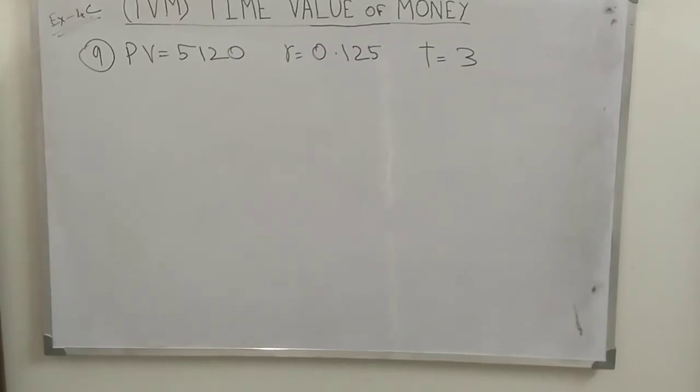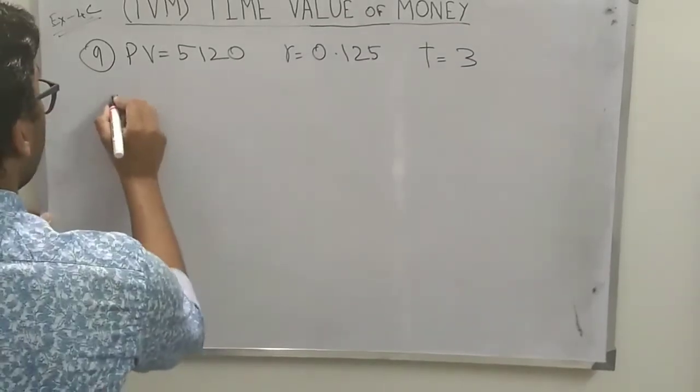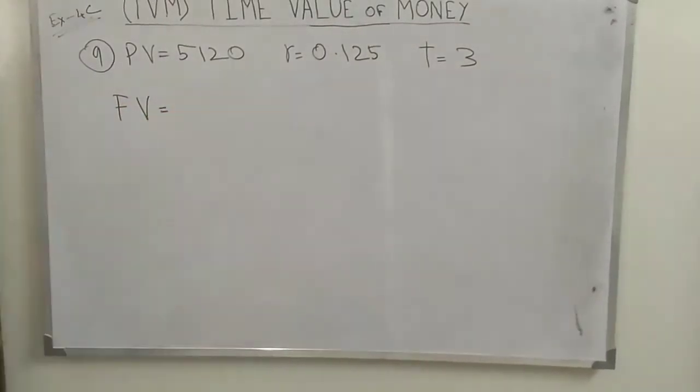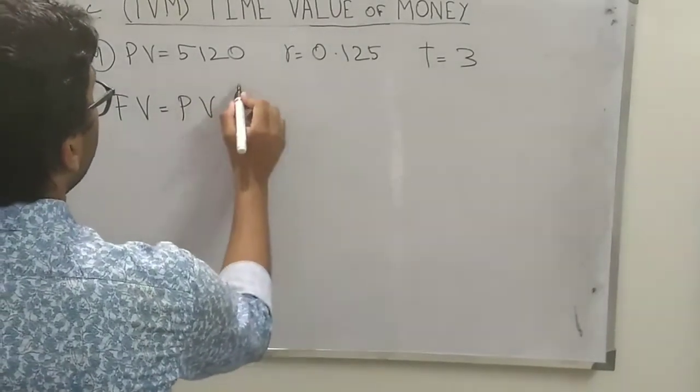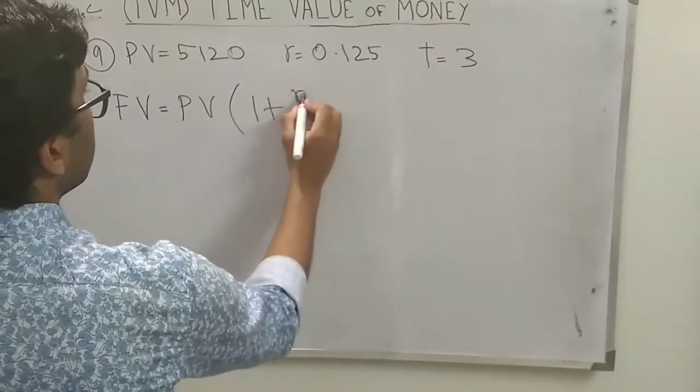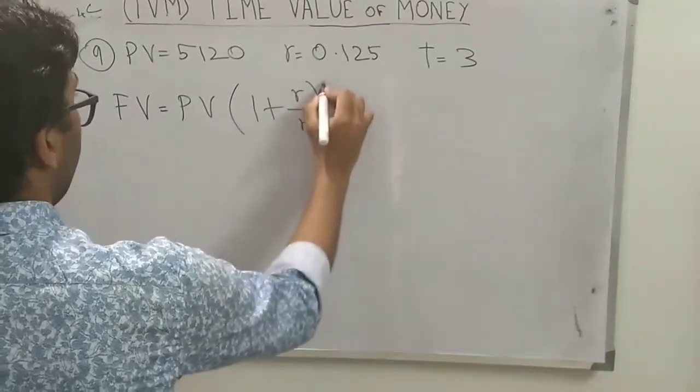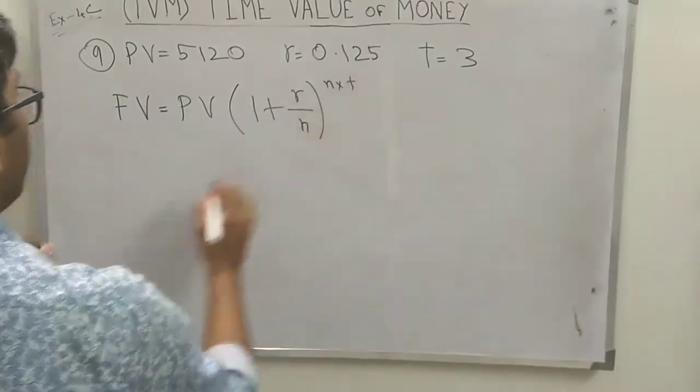That means you are provided with the present value. You have to calculate the future value. Then future value is equal to PV into 1 plus R by n to the power n into t.